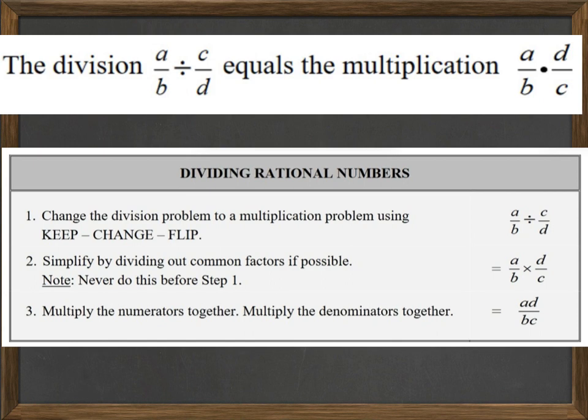The division a over b divided by c over d equals the multiplication a over b times d over c. Notice that c over d and d over c are reciprocals of each other. That's why we had to define and understand what a reciprocal is, because we use it to describe the process of dividing fractions.